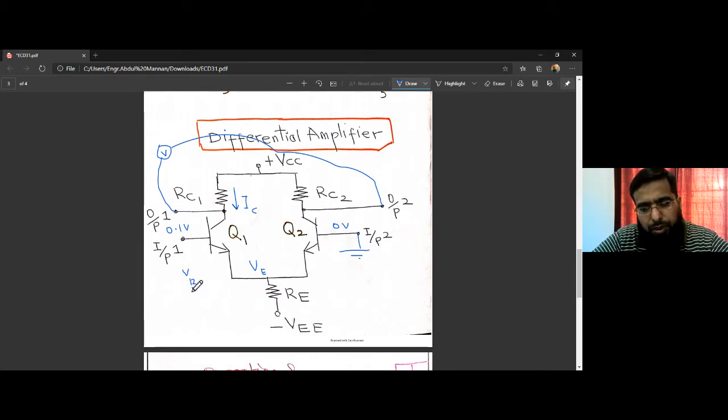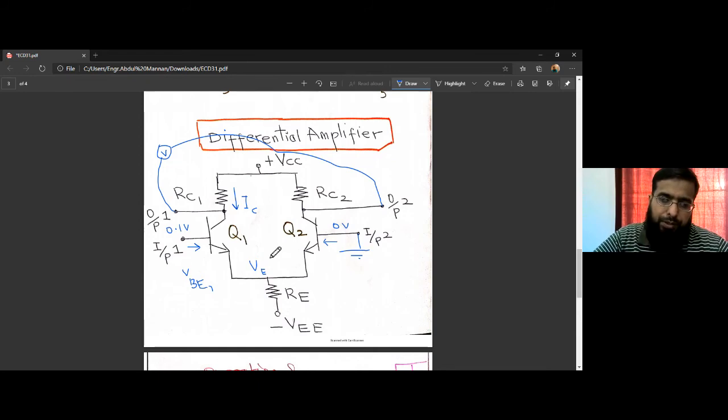VBE1 would be slightly larger than VBE2, because the base is at a slightly larger voltage. So that will cause a larger IB flowing into the base of Q1 compared to the IB that flows into the transistor Q2.